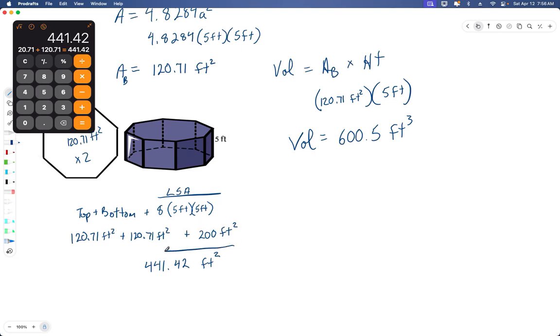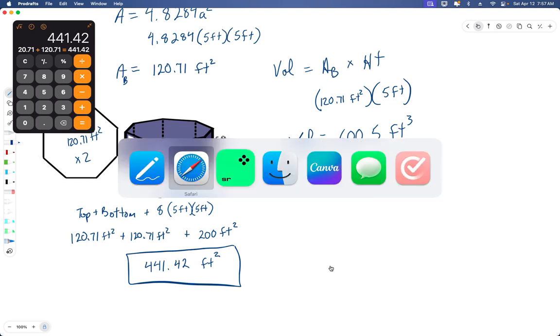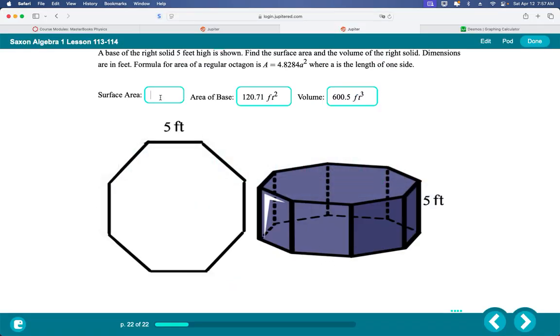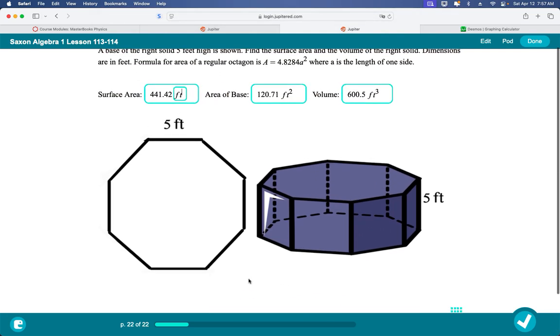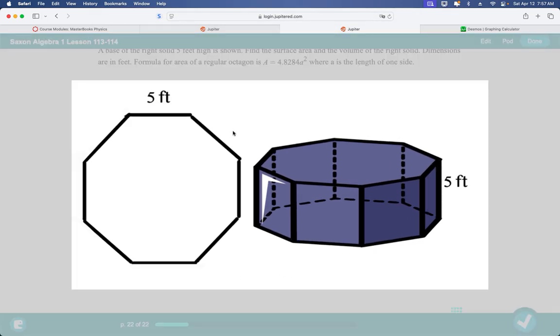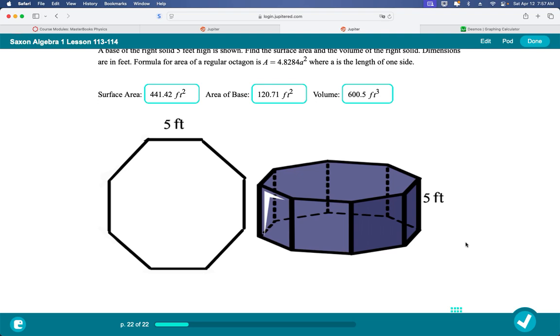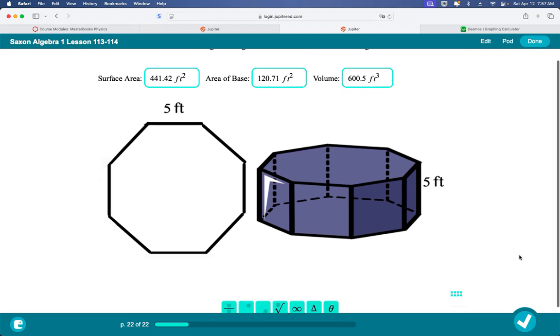We're not multiplying. So that is going to be your surface area. So we'll type that in. 441.42 space FT. We need our exponent of 2 to show that it's area. Every time I touch it, it wants to do that. So now we're just going to check our work.